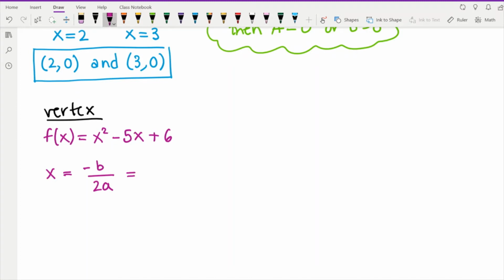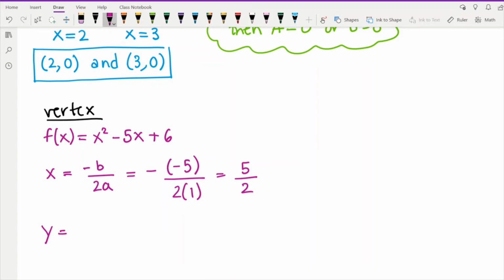And so we're going to have negative negative 5 over 2 times, and then what is a? Well, a is just 1, right? Because x squared is not being multiplied with any number other than 1. And so the negatives become positive, and we end up with 5 over 2.